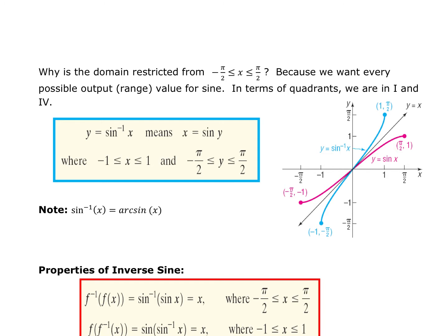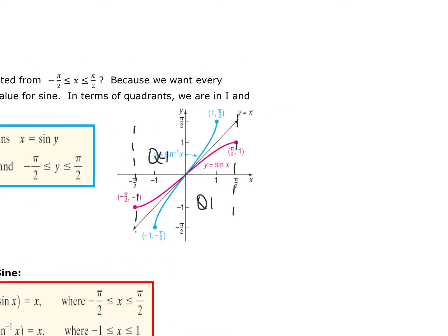Now let's talk about what we are in terms of quadrants, because this will be important, especially when we're looking at this information on the unit circle. Now we know from graphing that this is quadrant 4 with a negative rotation. This is quadrant 1 with a positive rotation. What does that mean?